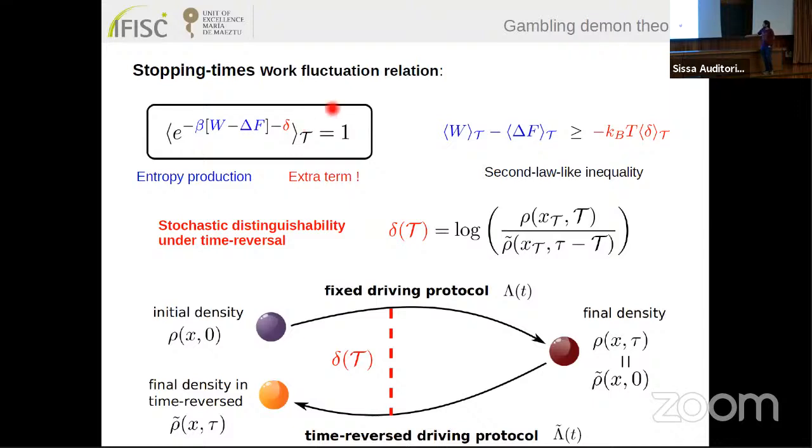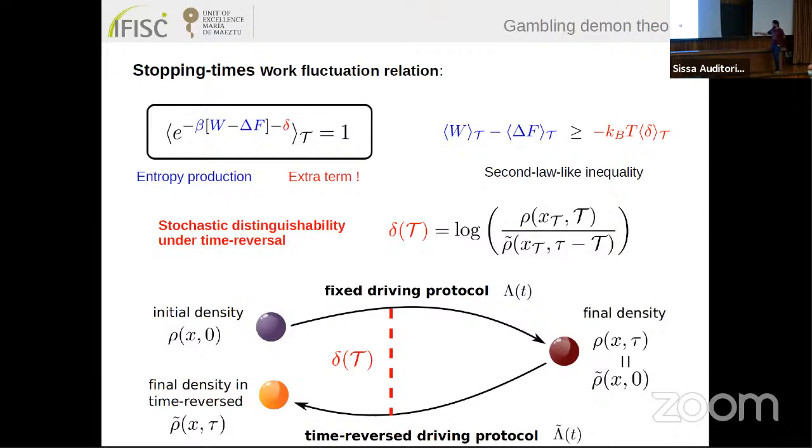So here you have the initial density of the process from which the initial states of trajectories are sampled. Then since the fixed driving protocol is applied over time, this probability density changes in time and eventually reaches some rho of x tau. Then in the backward process, the initial state is sampled from this distribution after just changing the sign of the odd variables under time reversal.